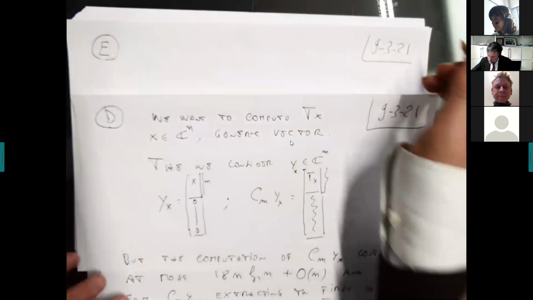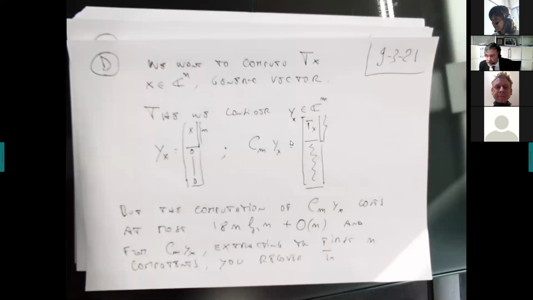Can I just ask a quick question? Sure. Are the properties like invertibility of the Toeplitz matrix, if the Toeplitz matrix is invertible, does this guarantee that the circulant matrix is also invertible?